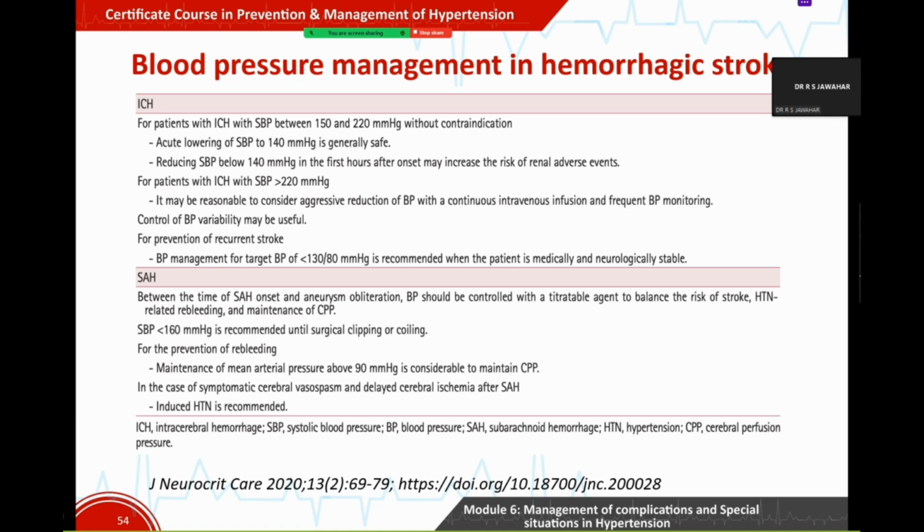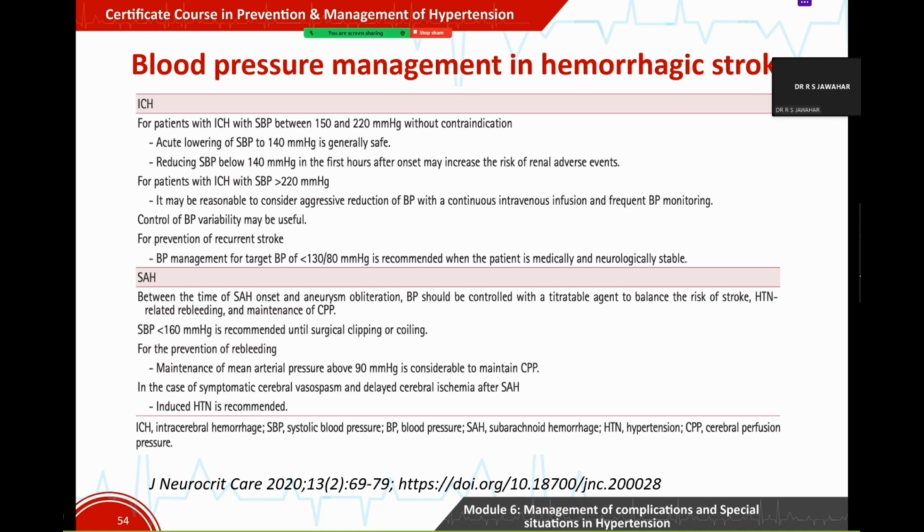What about the subarachnoid hemorrhage? Between the time of subarachnoid hemorrhage onset and aneurysm obliteration, BP should be controlled with a titratable agent to balance the risk of stroke, hypertension-related rebleeding, and the maintenance of cerebral perfusion pressure. Systolic blood pressure less than 160 is recommended until the surgical clipping or the coiling.